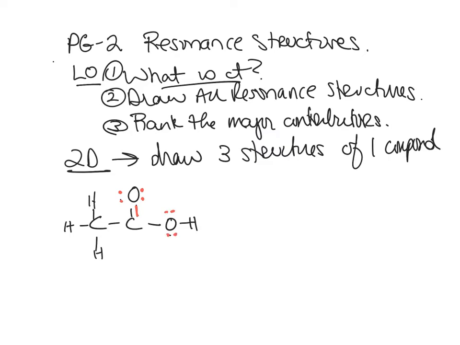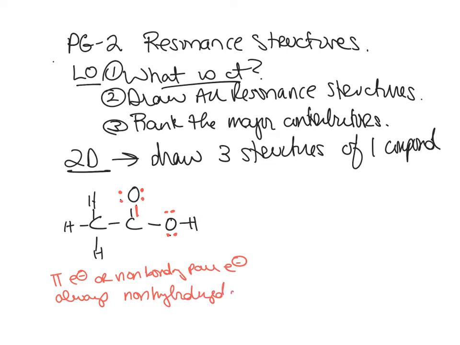The electrons that I put in red are your either pi electrons or non-bonding pair electrons. These are always located in a non-hybridized p orbital.